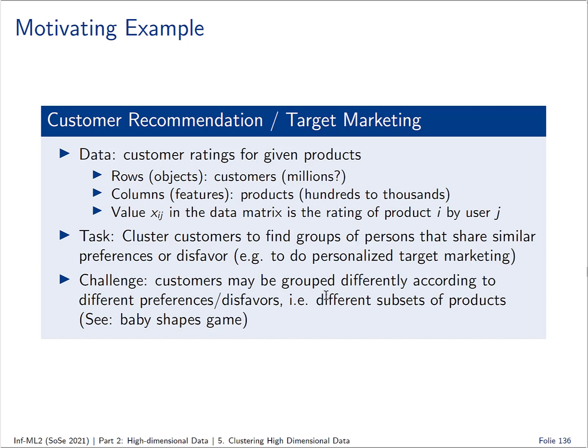And that is probably true also in customer recommendation, because we have a lot of products, maybe movies, and people have different favors, of course, and different disfavors. Depending on which subset of products, of movies, for example, we look at, persons may share different favors and disfavors with different people.